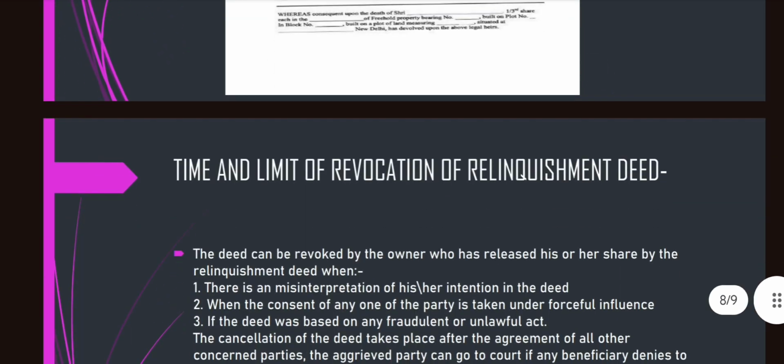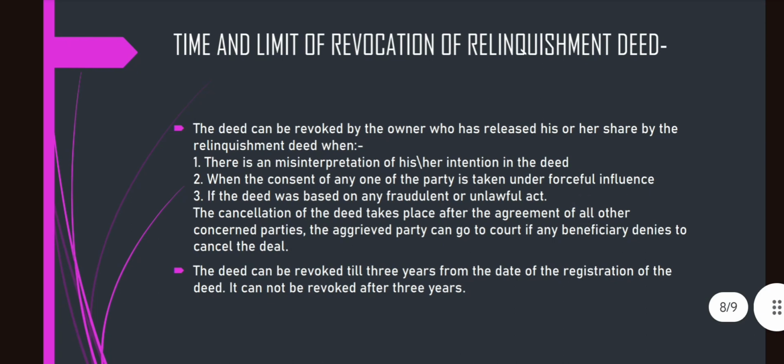Let's now move on to how you can revoke a relinquishment deed and what the time limit is to do that. The deed can be revoked by the owner if any of these things have happened.